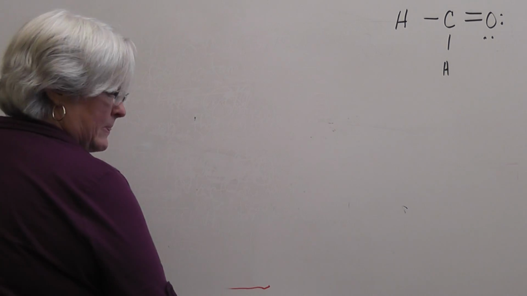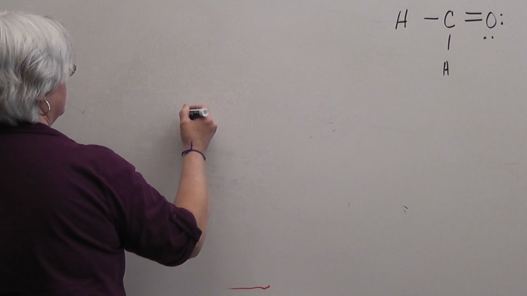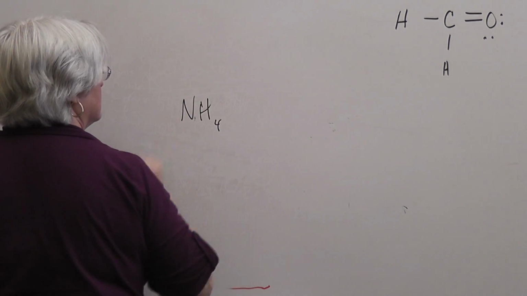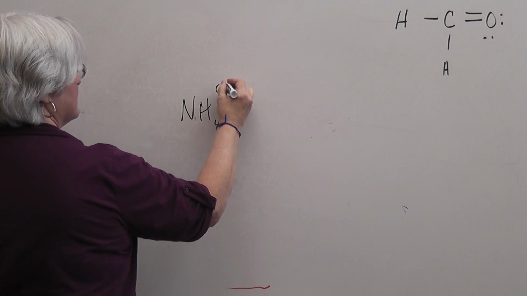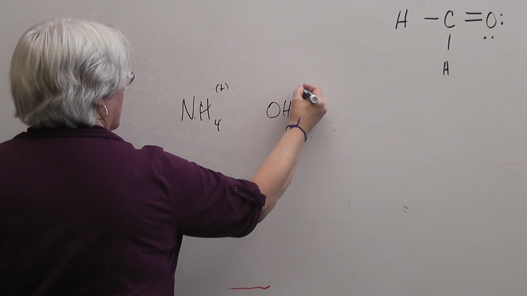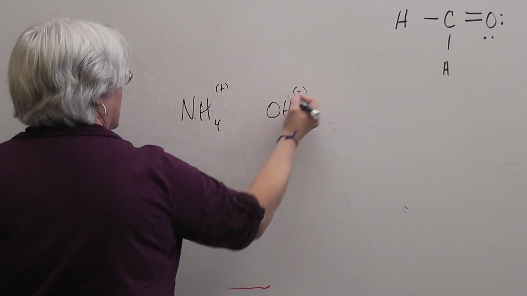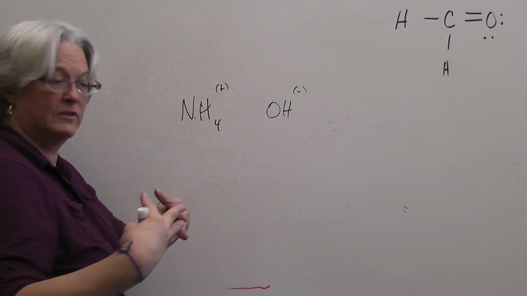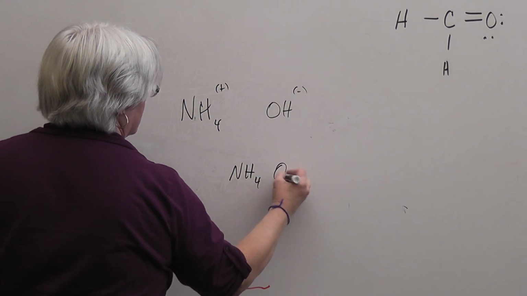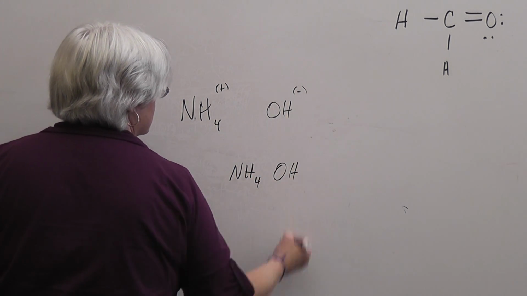Well, ammonium, NH4, has a positive charge. Hydroxide, OH, has a negative. Positive and negative attract each other. NH4, OH.